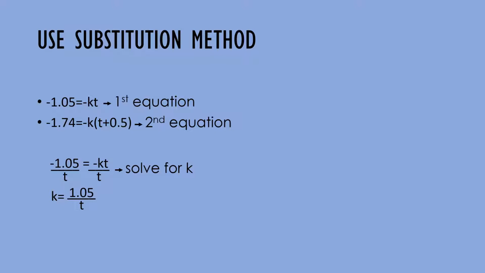Once we divide both sides by T, we are left with K equals 1.05 over T, which is the decay coefficient in this case. Now that we have the second equation, we can proceed to substitute K by 1.05 over T. So now we have negative 1.74 equals negative 1.05 over T times (T plus 0.5).